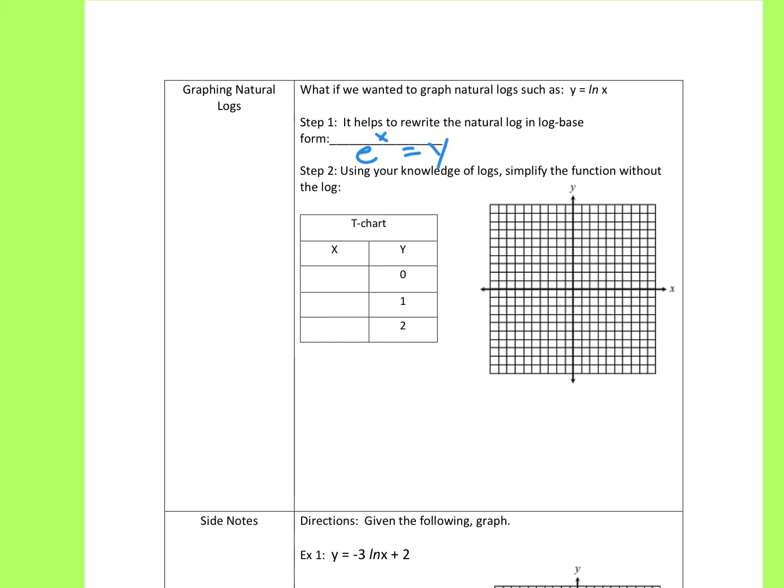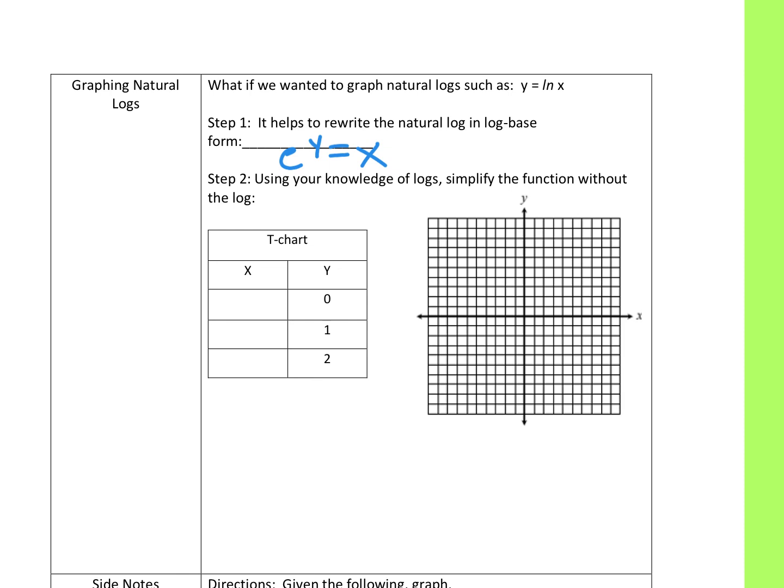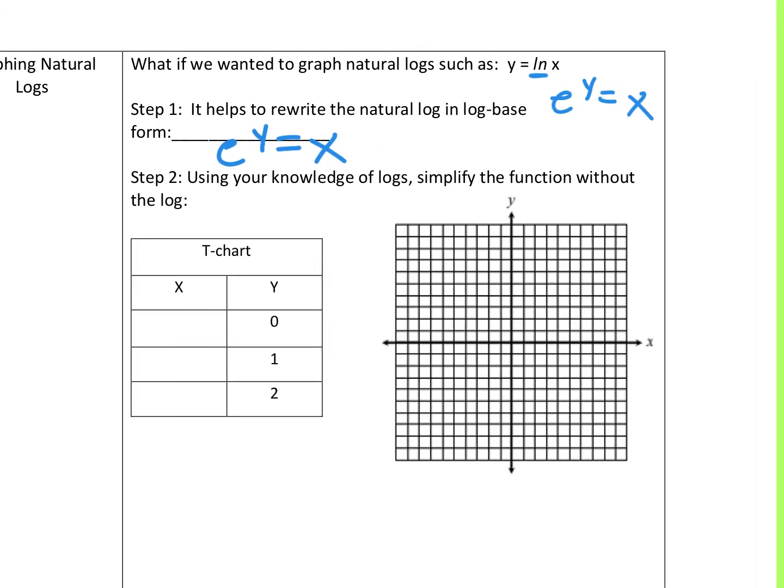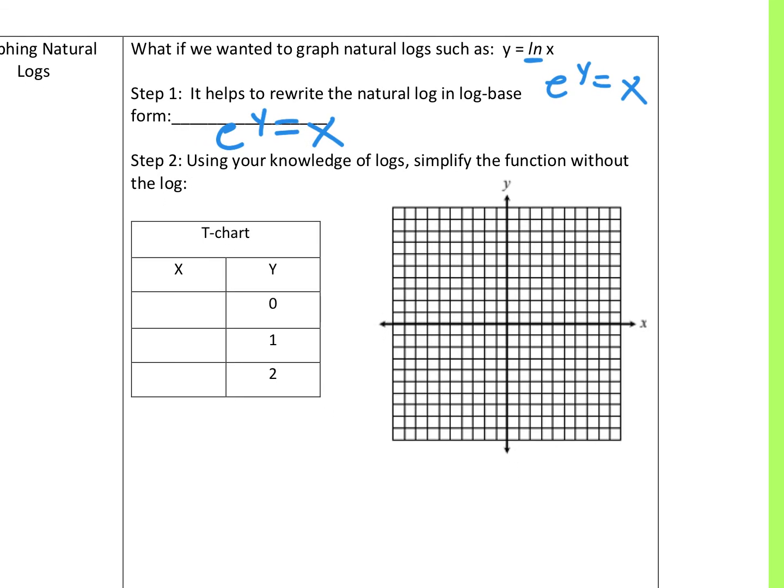I set that up wrong. It should be e to the y equals x. Because again, our base is e for natural log, so e to the y equals x. That's why we would go backwards on this.